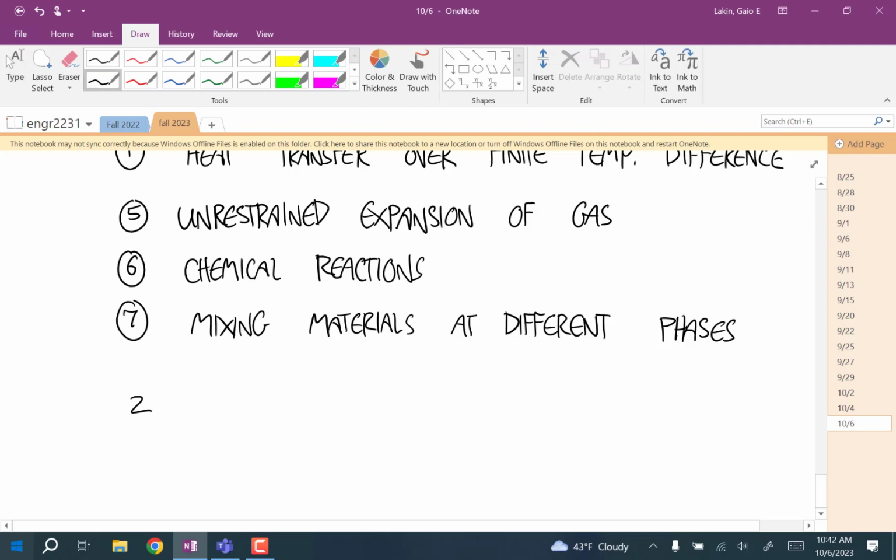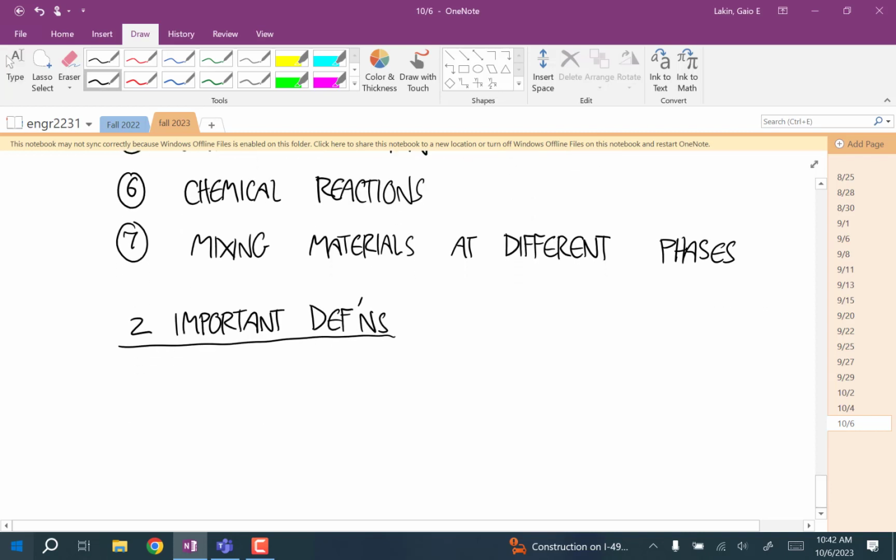And here are two important definitions. You should try to keep these in mind. The first one, I already said what reversible is, but that's one of them.